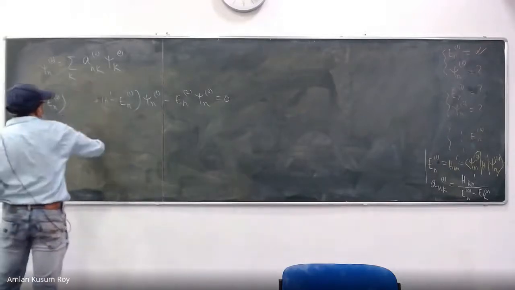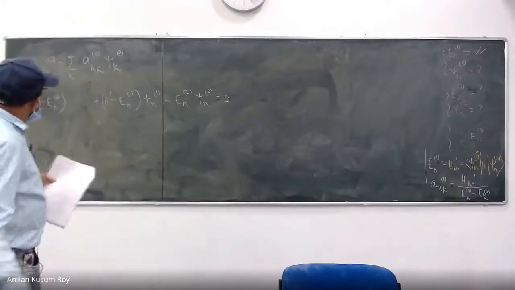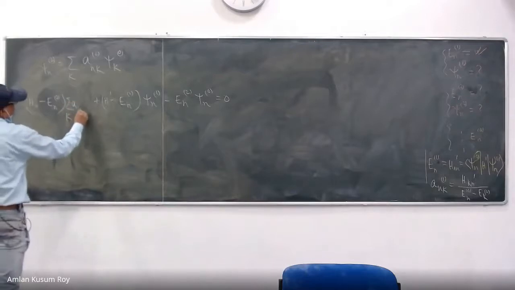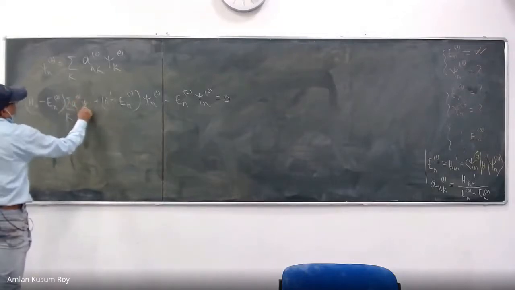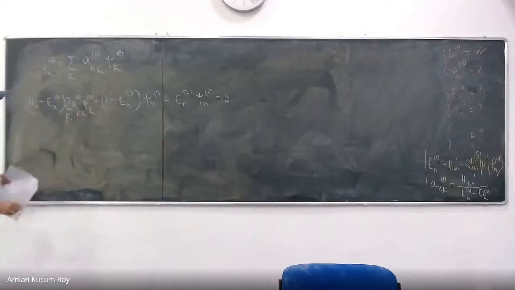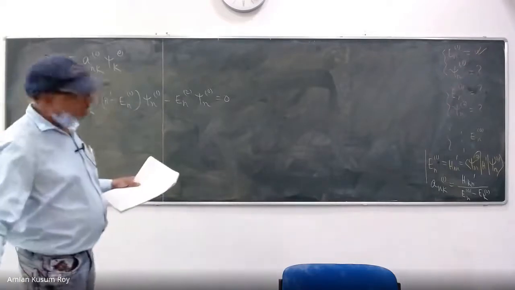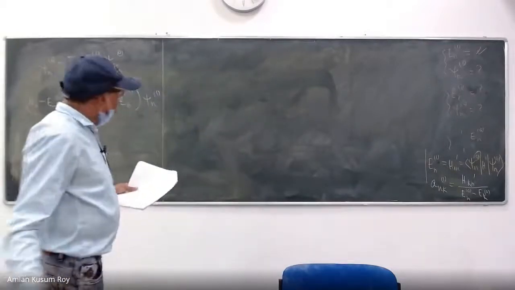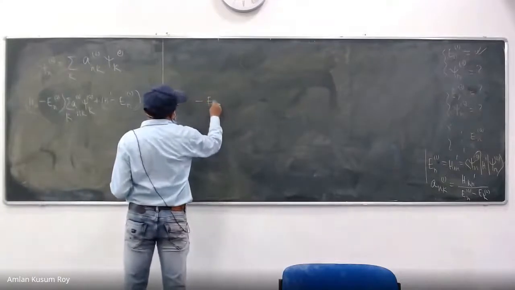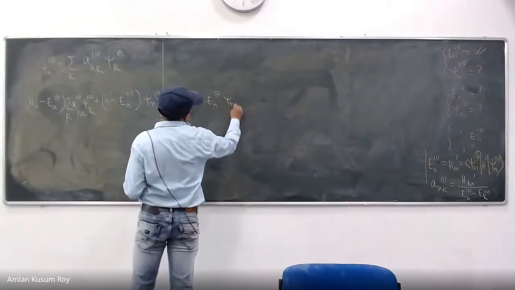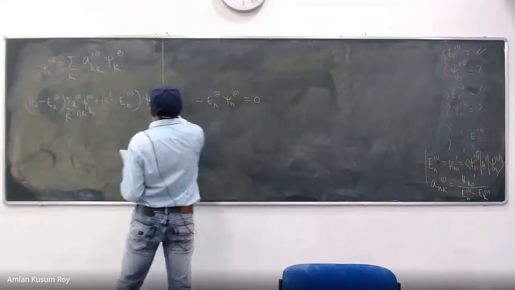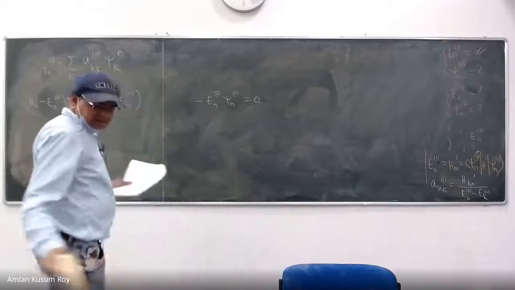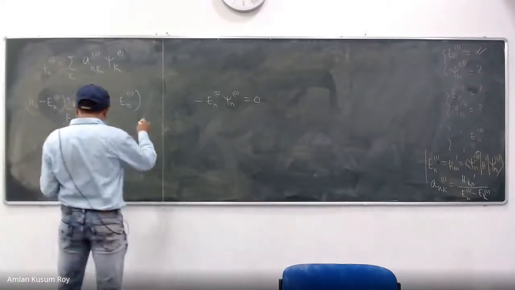Now I'm going to replace psi_n^(2) by that summation, the sum over k of A_nk^(2) psi_k^0, and then psi_n^(1) is the sum over k of A_nk^(1) psi_k^0.